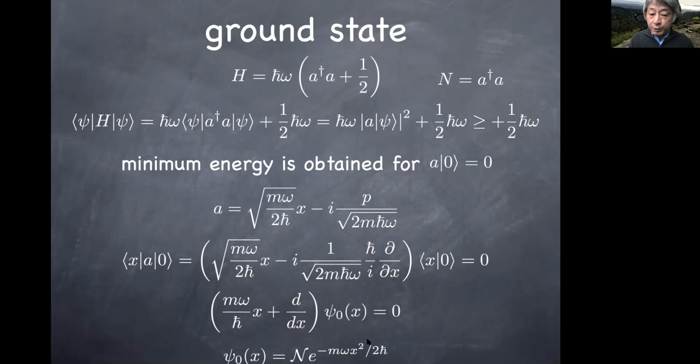So the derivative of x squared, of course, is 2x, times m omega over 2h bar, gives you m omega over h bar. It cancels this factor of half because the x squared derivative is 2x. So you can see that this function satisfies this differential equation for the ground state. So that's how you can work out the ground state wave function.